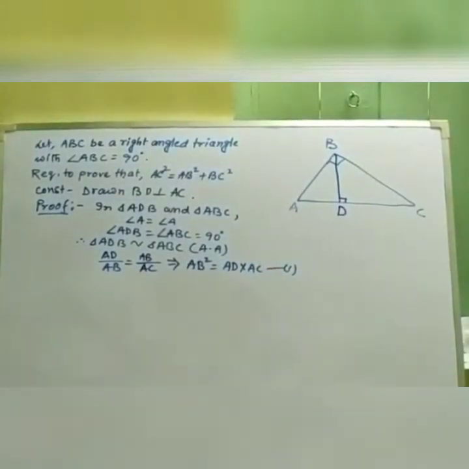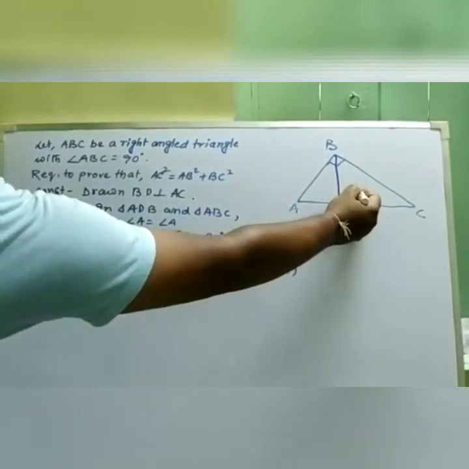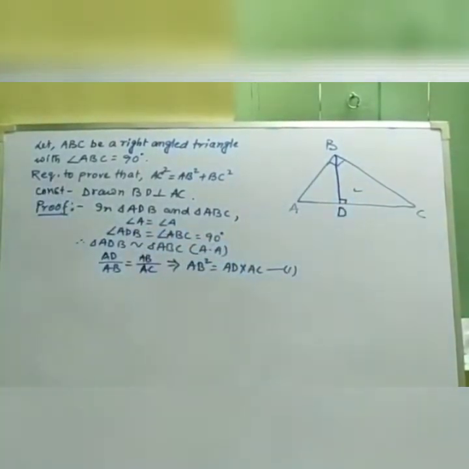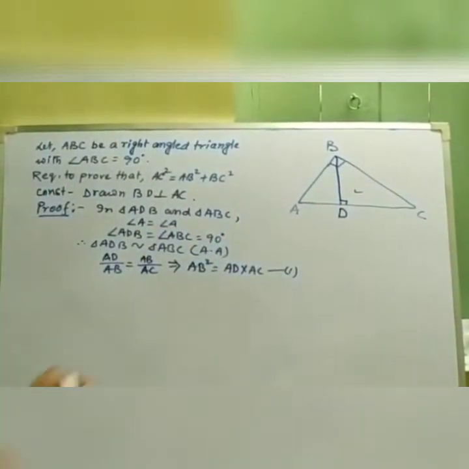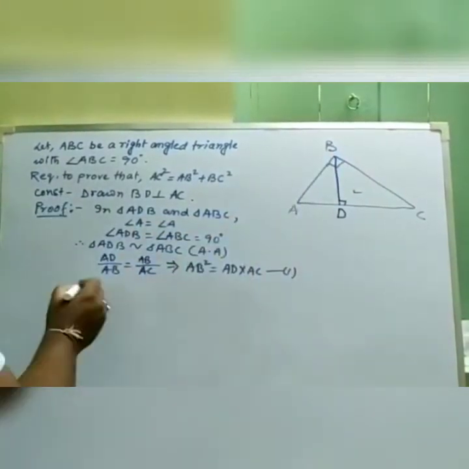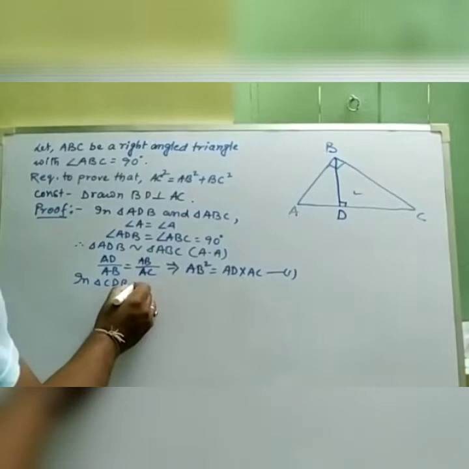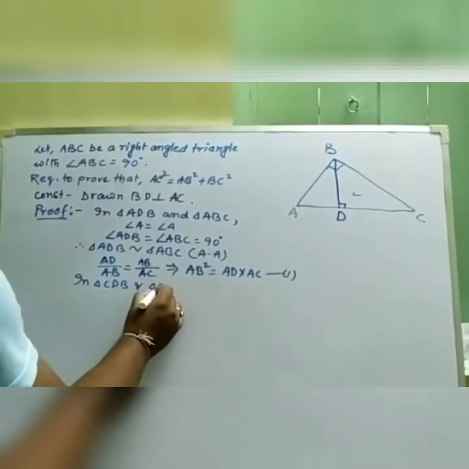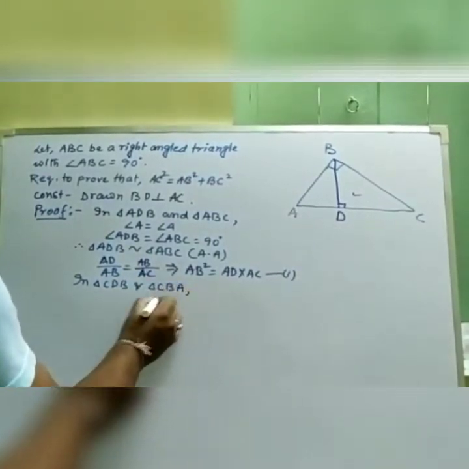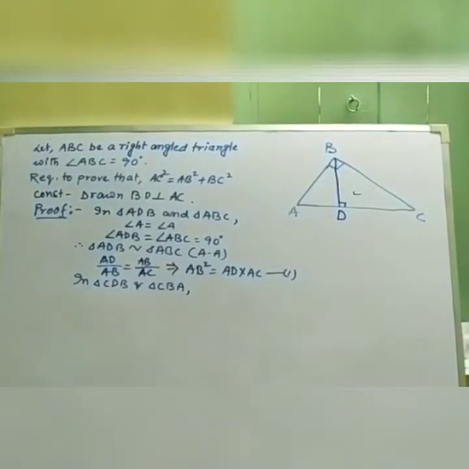Now we will take the other small triangle, that is CDB, and the whole triangle CBA. In triangle CDB and triangle CBA, we need to prove again they are similar.